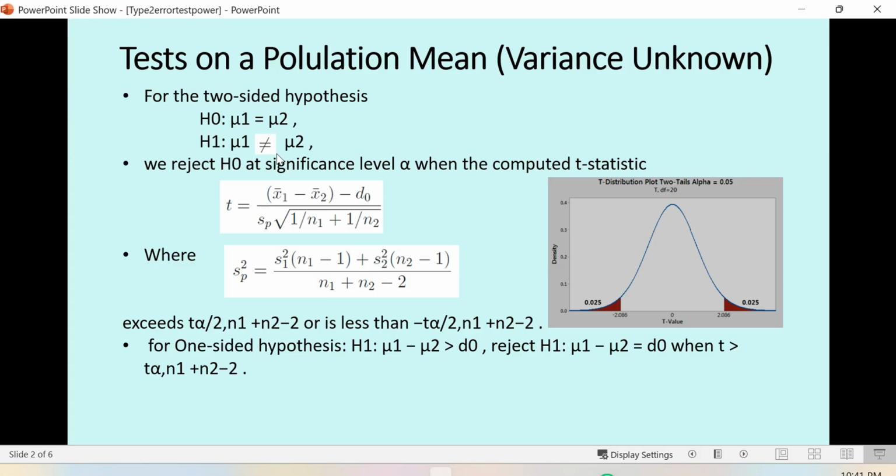So here, the alternative hypothesis is mu1 not equal to mu2. And we get the sample statistics and make a test based on whether the test statistic is in the critical region or not in the critical region. So this is the basics of hypothesis testing.